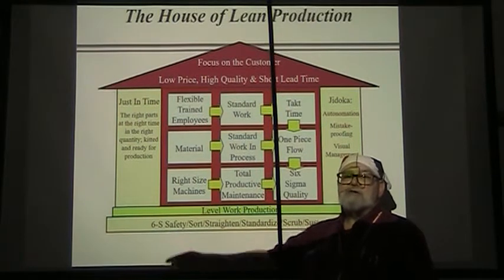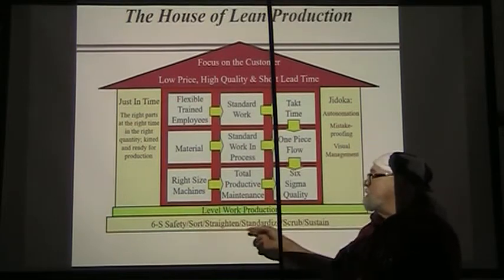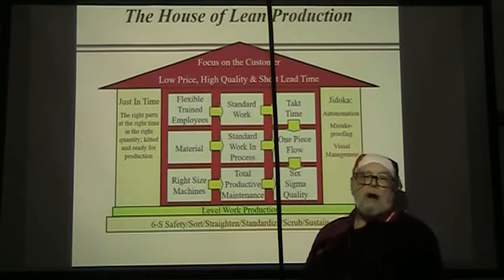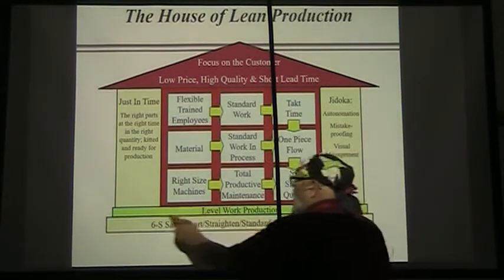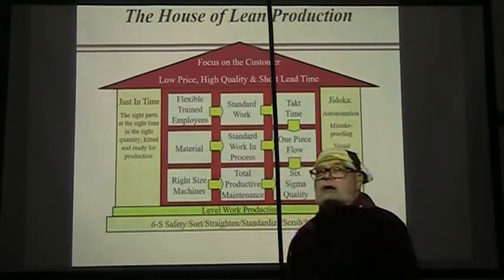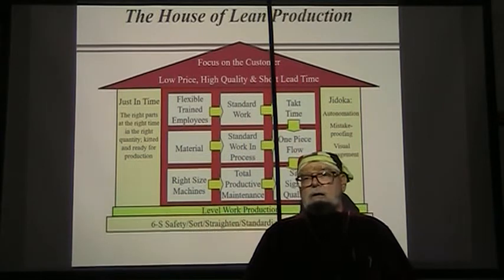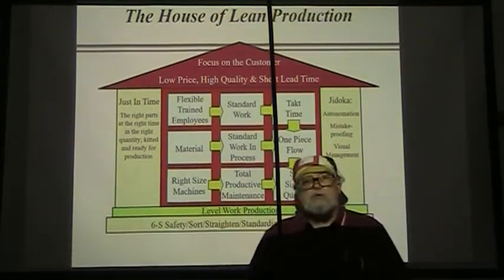So I like having safety in. So it's safety, sort, straighten, standardize, scrub, and sustain. We'll go into all that more later. We need to have level work production. In other words, the guy at one station can't be mostly idle while the guy at the next station is killing himself to get his work done.